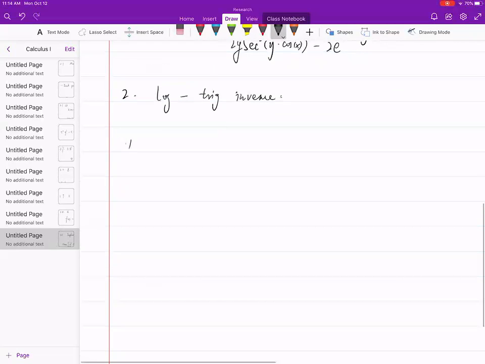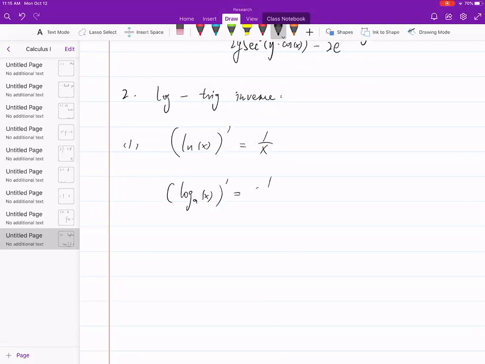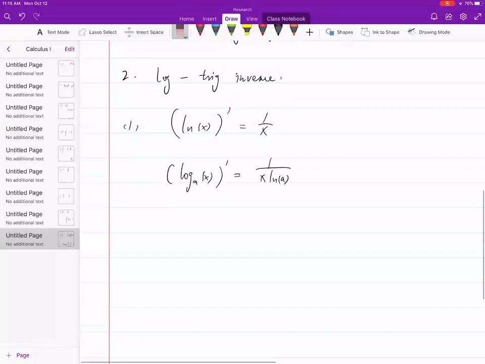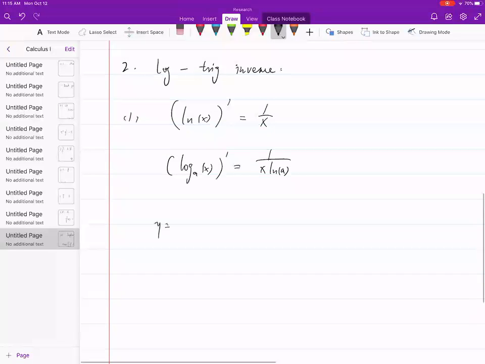Okay, the first one is log. We did it last time. We said this is 1 over x, and this is 1 over x ln a. The way we did it is, if this is going to be that, then x equals e to the y.